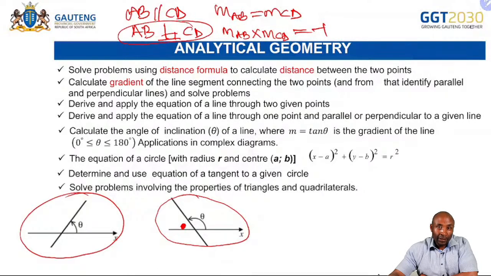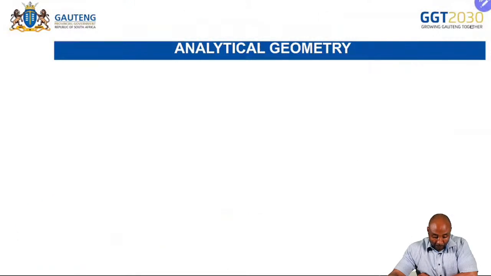A right angle is a special type of a scalene triangle because one of the angles is 90 degrees. Otherwise, it is known as a scalene triangle, a right angle triangle, or it can also be an isosceles triangle, as long as it has a right angle, it can either be a scalene or an isosceles triangle. A right angle is not a type of a triangle, it's just a special type of a scalene or isosceles triangle. We move on.